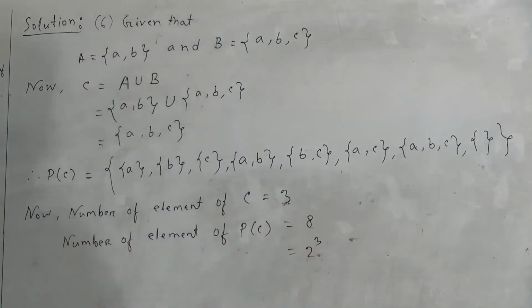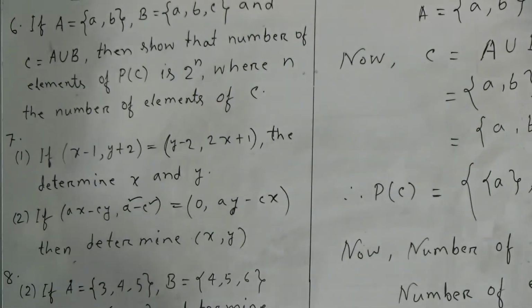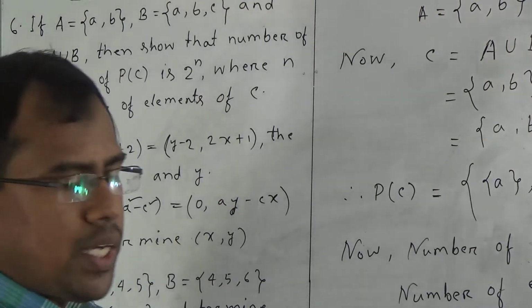In the question it is said that n is the number of elements of C. The number of elements of C is 3 and n also is the number of elements of C. So instead of 3 we can write n.